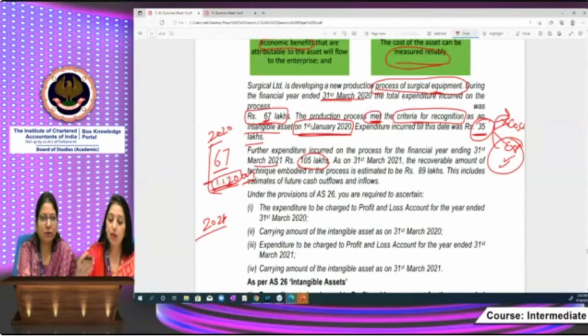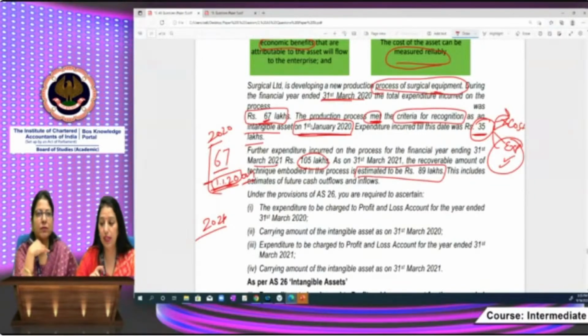That means these expenses are related to the intangible asset. As on 31st March 2021, the recoverable amount of techniques embodied in the process is estimated to be 89 lakh. This includes an estimate of future cash flows and inflows.